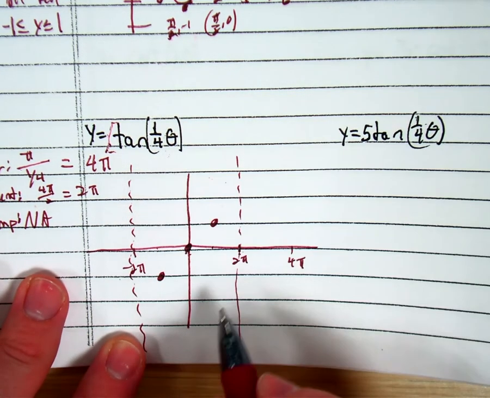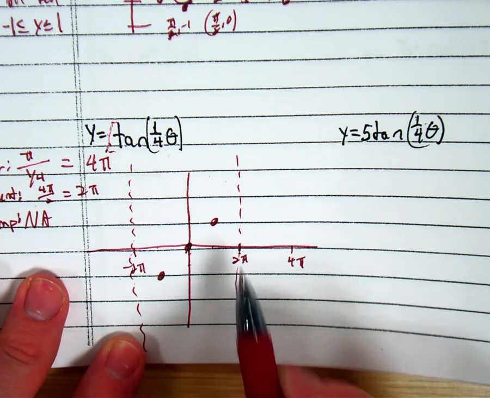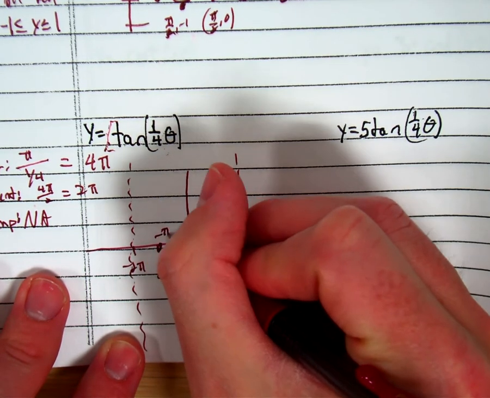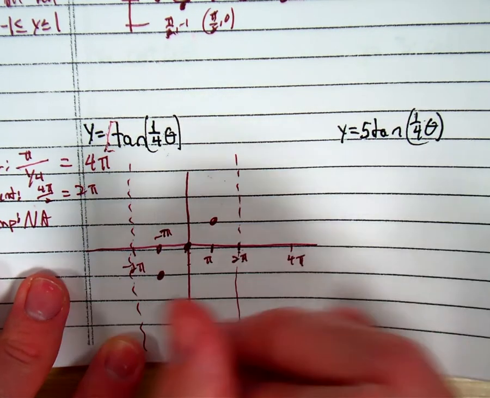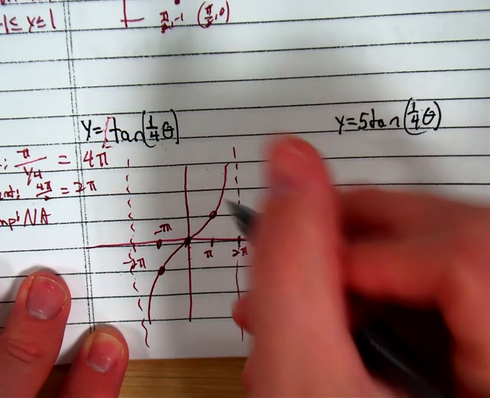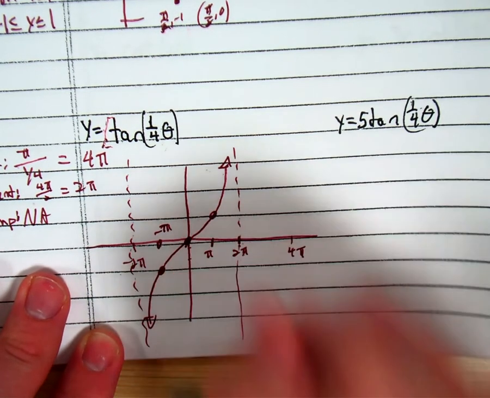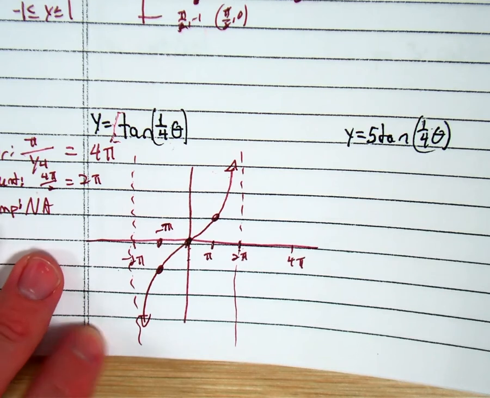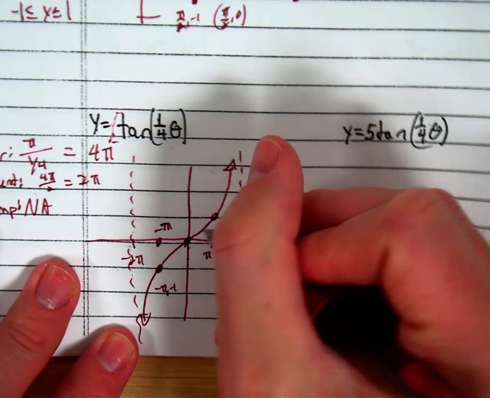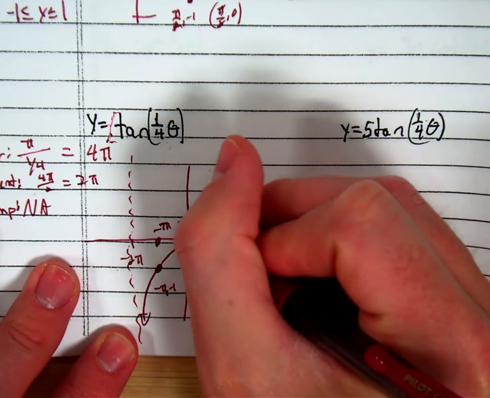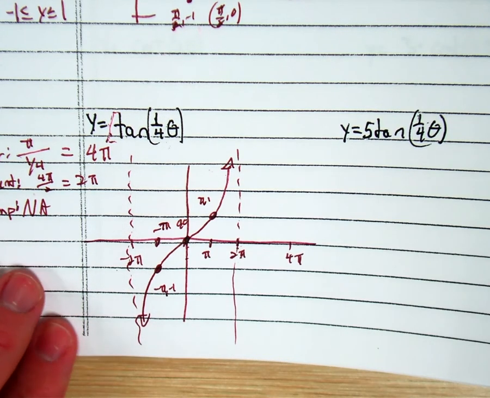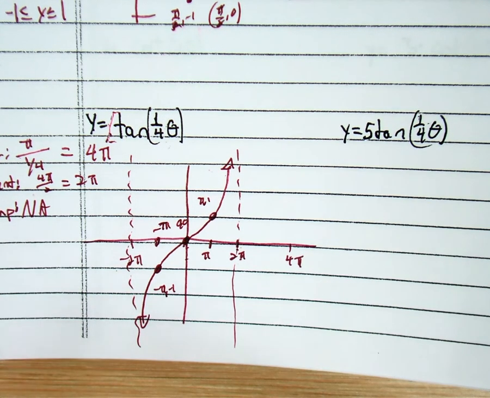Okay, this is a nice one because halfway between 0 and 2 pi would just be 1 pi, negative pi. And this is going to help me curve like that. Okay, and again, make sure we label our dots. Negative pi, negative 1, 0, 0, pi, comma 1. That took 10 seconds, okay? It's not going to hurt you.